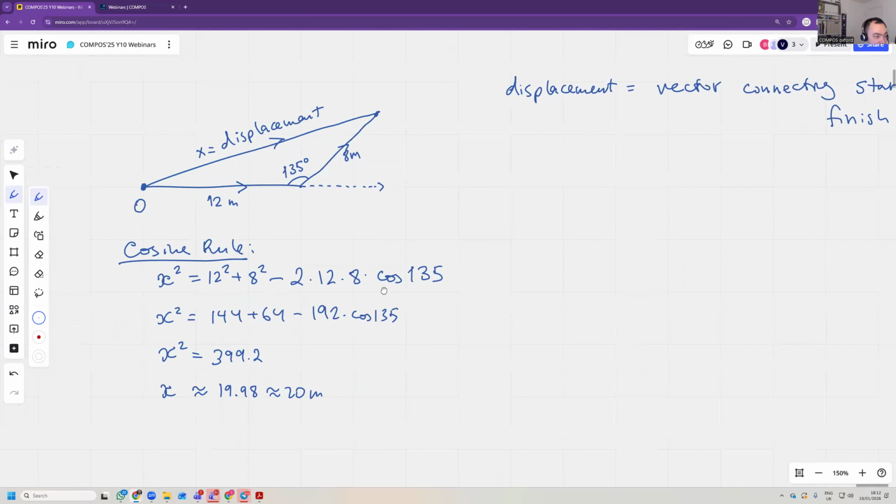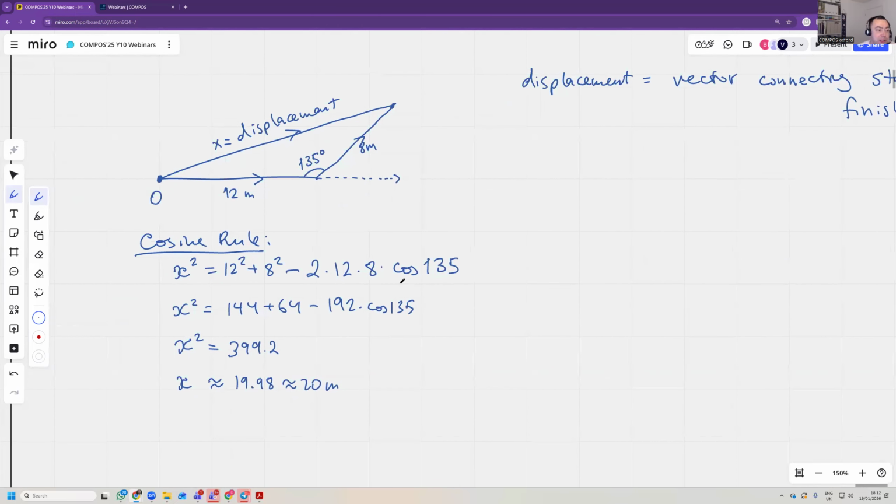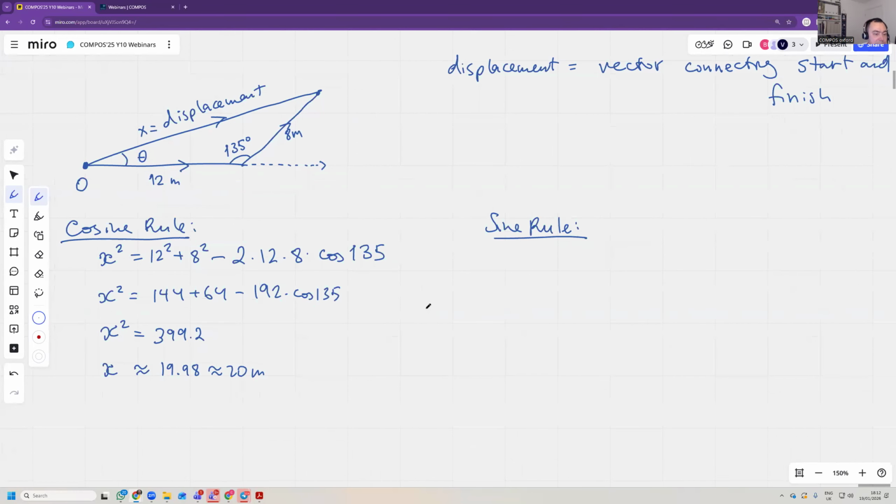Now, we need to find the direction as well. So you could use the sine rule for the direction, theta. For the sine rule, you have 8 divided by sine theta is equal to x divided by sine 135.